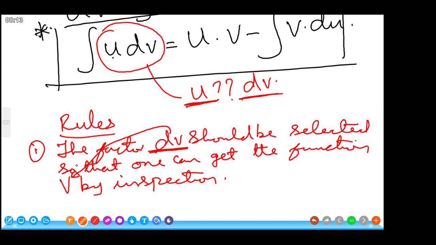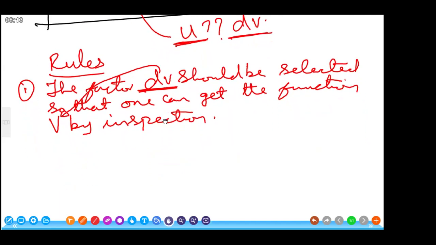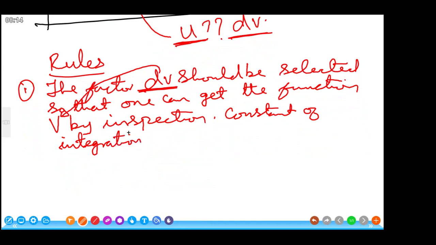Right. One more point on the same concept: the constant of integration is not needed for v.